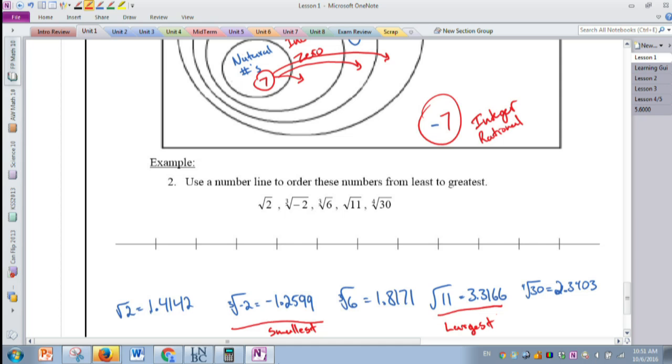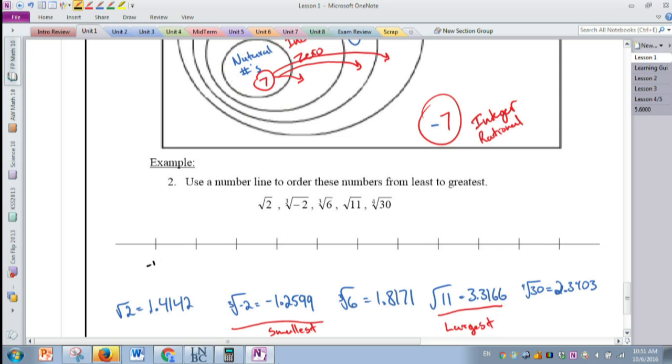Why do I care what my smallest and my largest are? Well, I want to use a number line that includes all my values. So over here I'm going to have a negative 1 somewhere, and over here I'm probably going to have a 3 somewhere. So I bet if I go by 0.5s, everything will work out.